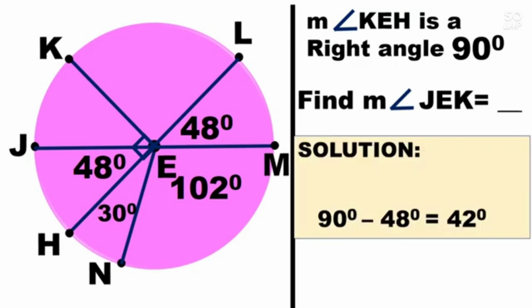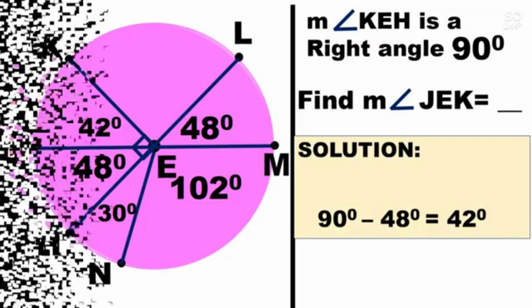So, since nakabuo tayo ng right angle which is 90 degrees, ima-minus na lang natin yung given 48 degrees. So, 90 degrees minus 48 degrees is 42 degrees. Therefore, the measure of angle JEK is 42 degrees. 42 degrees plus 48 degrees is 90 degrees.